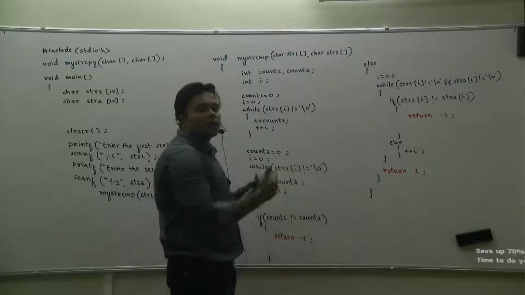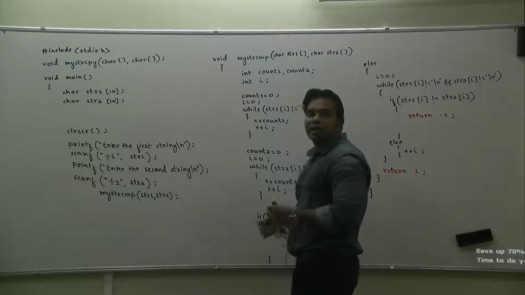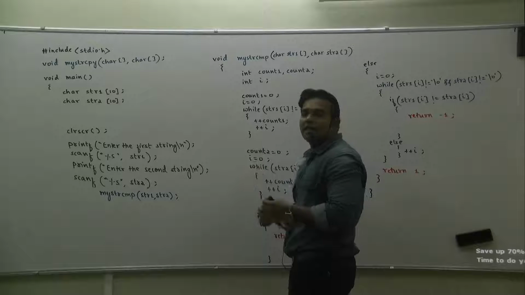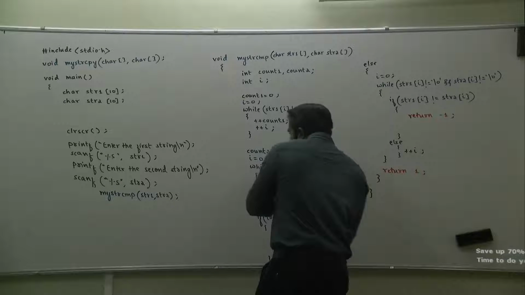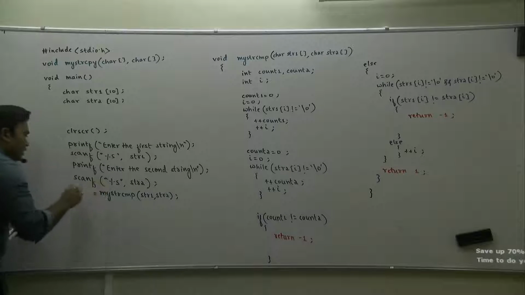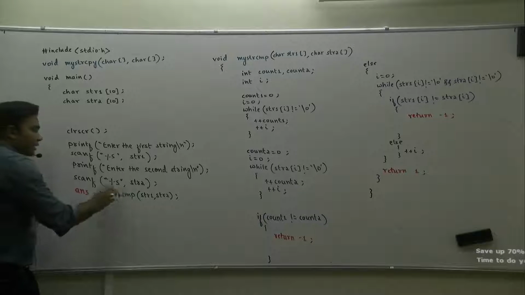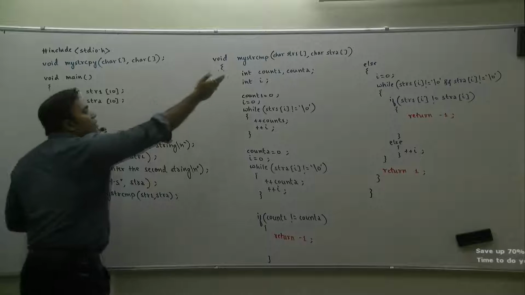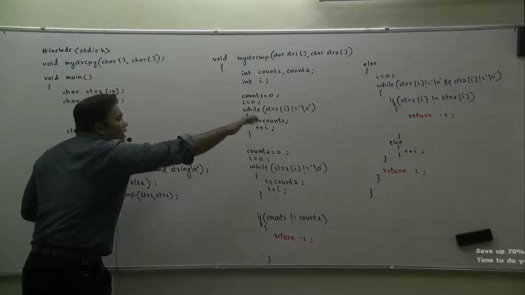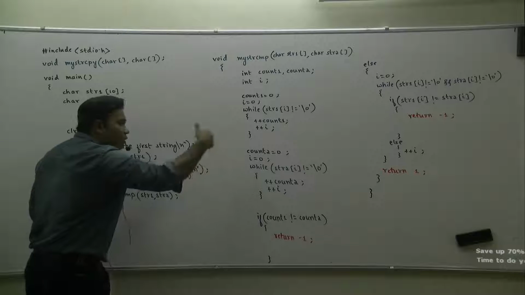I am only returning. You may tell, okay sir, you are returning, but who is collecting it back in the main function? Who is collecting it? Remember, whatever you return here in the main function, it will go and sit in the variable called answer. That is the way you have to read this line, that my string compare function calls it. While executing, whatever is returned, I might have returned 3 returns, but actually one of the 3 only will get returned.